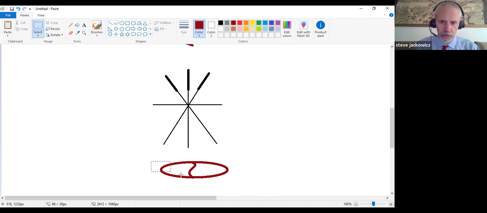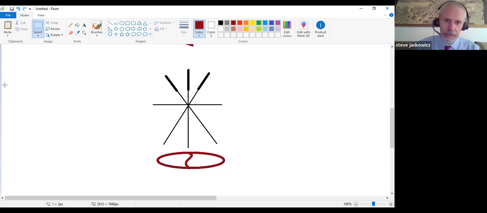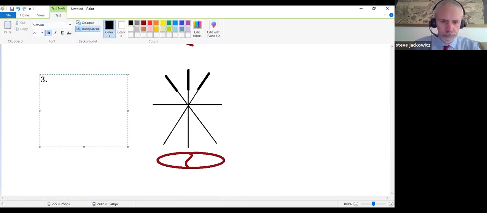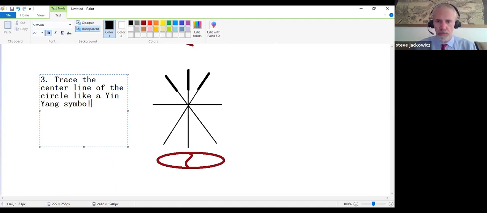So that's step 3, trace through the center. Right, so trace the needle through the center. So step 3. Okay, so far so good.